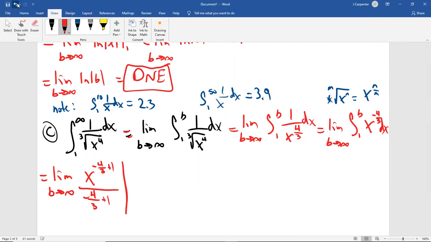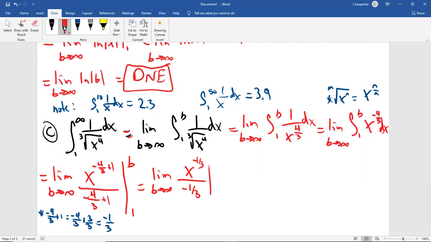But I've got to show the evaluation between the lower limit of 1 and the upper limit of b, which is eventually infinity. What's negative 4/3 plus 1? Negative 4/3 plus 3/3, which is negative 1/3. Fraction math never goes away. So limit b goes to infinity of x to the negative 1/3 divided by negative 1/3, evaluated from 1 to b.